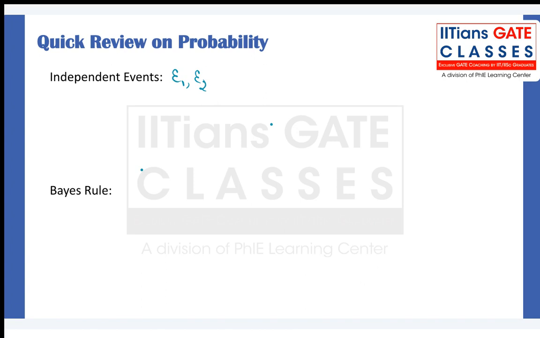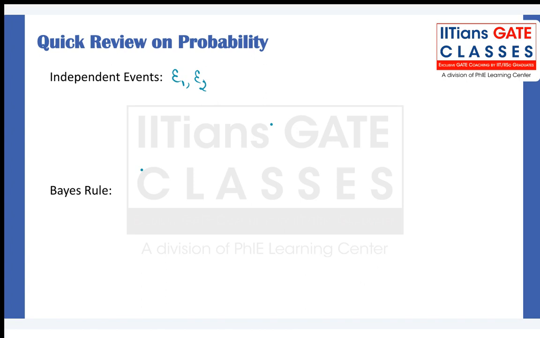Two events E1 and E2 are independent. What does it mean? Good. But is this the same as mutually exclusive?